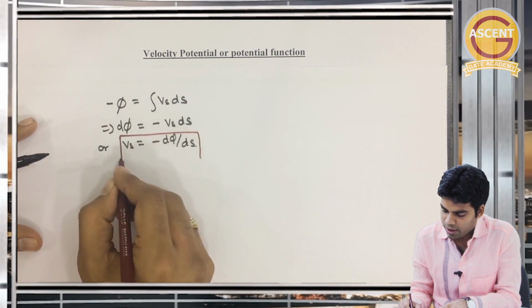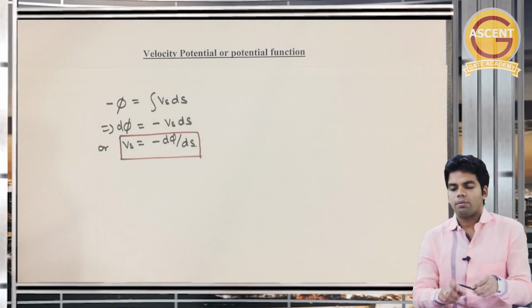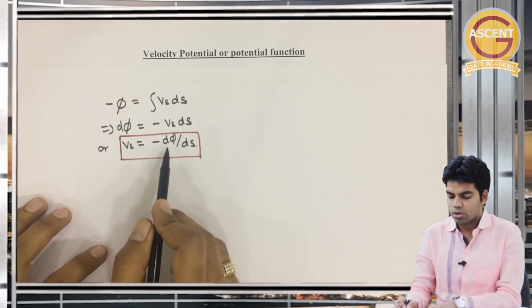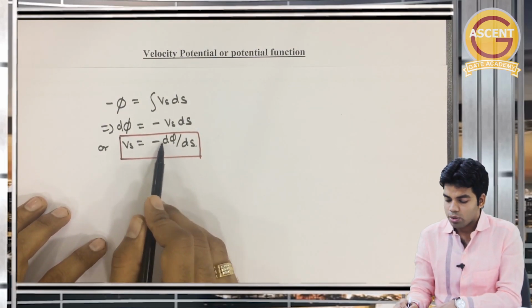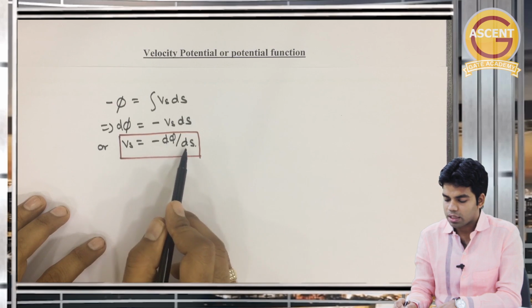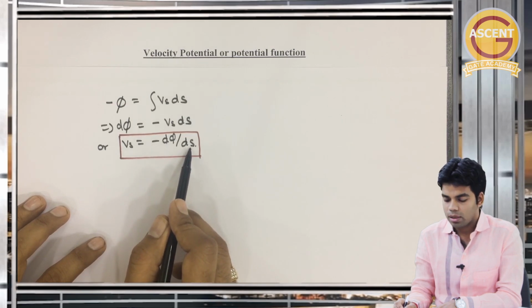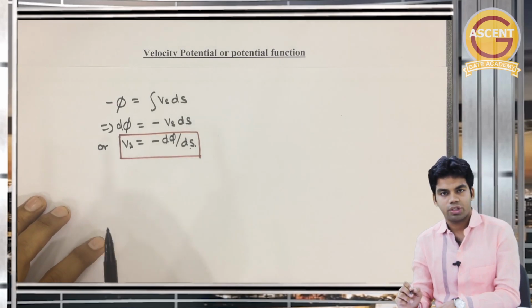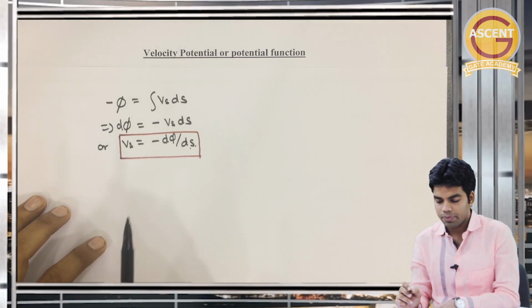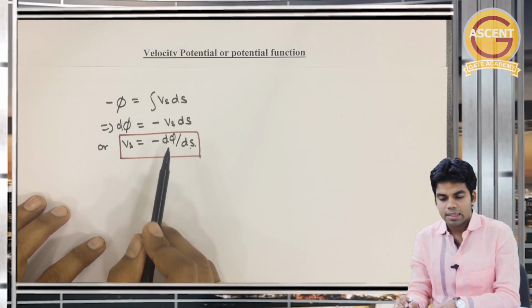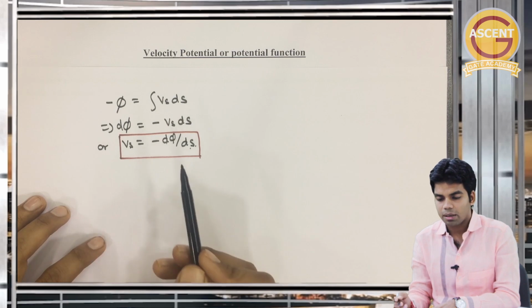Okay, so how can we define this phi? The velocity potential is actually a scalar quantity whose negative derivative with respect to any direction gives velocity in that direction. I will define it again. Velocity potential is a scalar quantity which is dependent upon space and time.